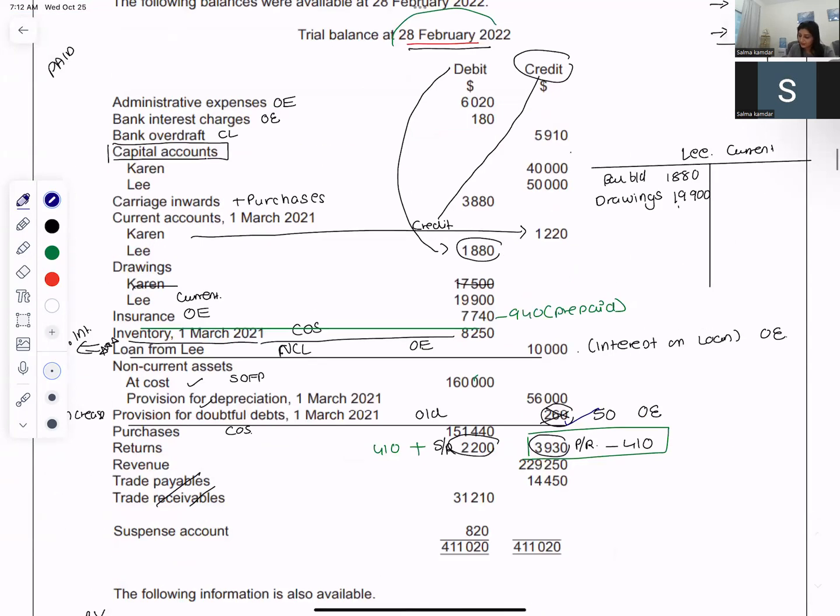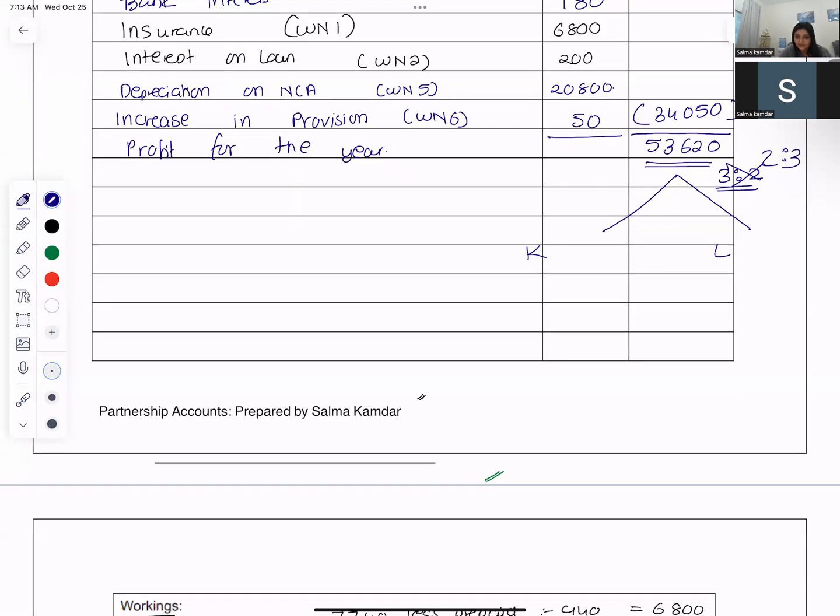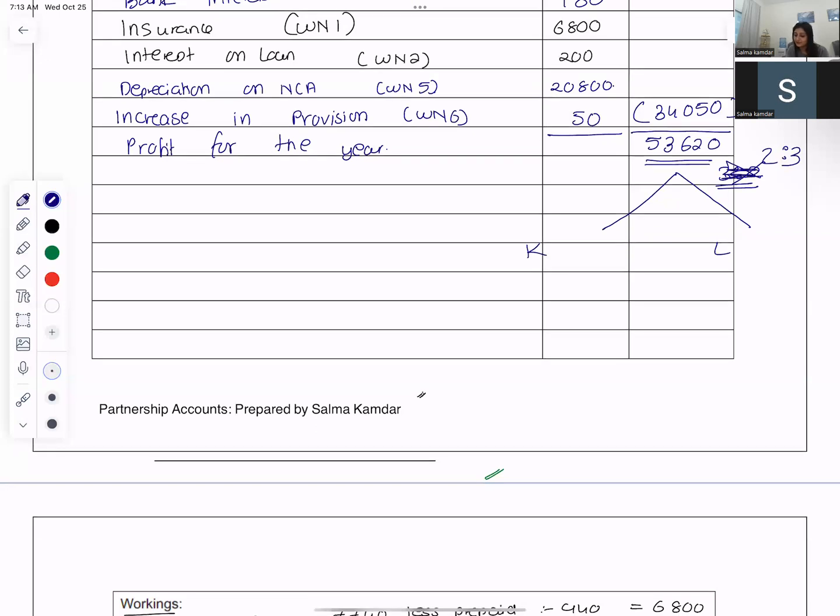So 53,620 has to be shared between Karen and Lee, with Karen getting 2/5 and Lee 3/5.